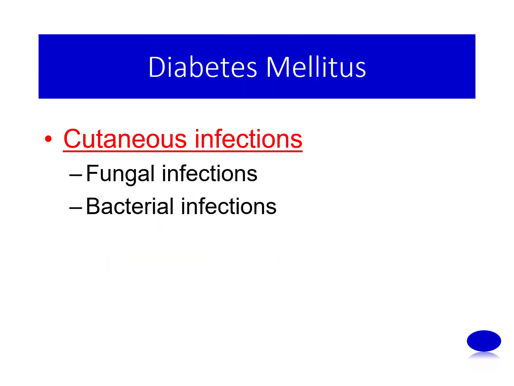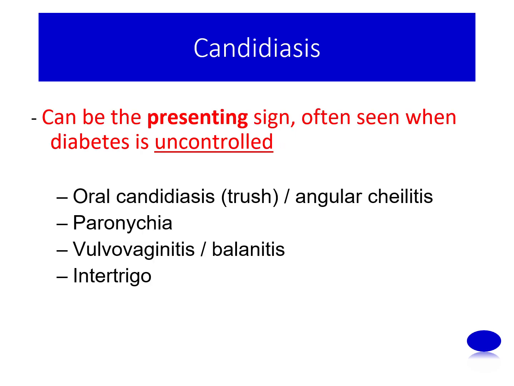Among the infections are skin infections, and both fungal and bacterial infections are more common in diabetic patients. So candidiasis, so candida, which is a yeast infection, this could be the really presenting sign of diabetes, and it's more commonly seen when the diabetes is uncontrolled. They could present with different types of candidiasis, and I'll show you some of these.